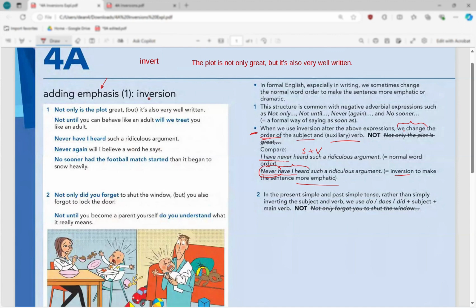So we got to be careful here. Not only, never, no sooner. When you look at these adverbial phrases, inversion is happening in the same clause.